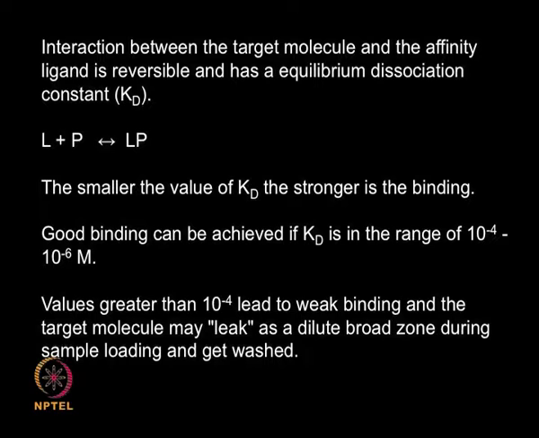If Kd is very small, then the binding is very strong. So if the Kd is very large, binding is very weak. So smaller the Kd, stronger is the binding. So good binding if you want to achieve, generally Kd should be in the range of 10 power minus 4 to 10 power minus 6.